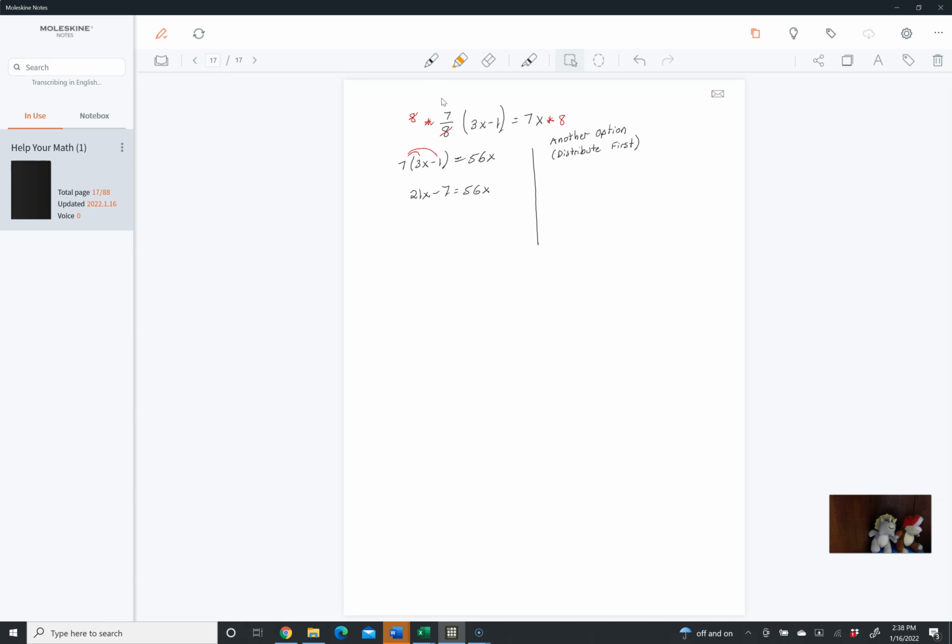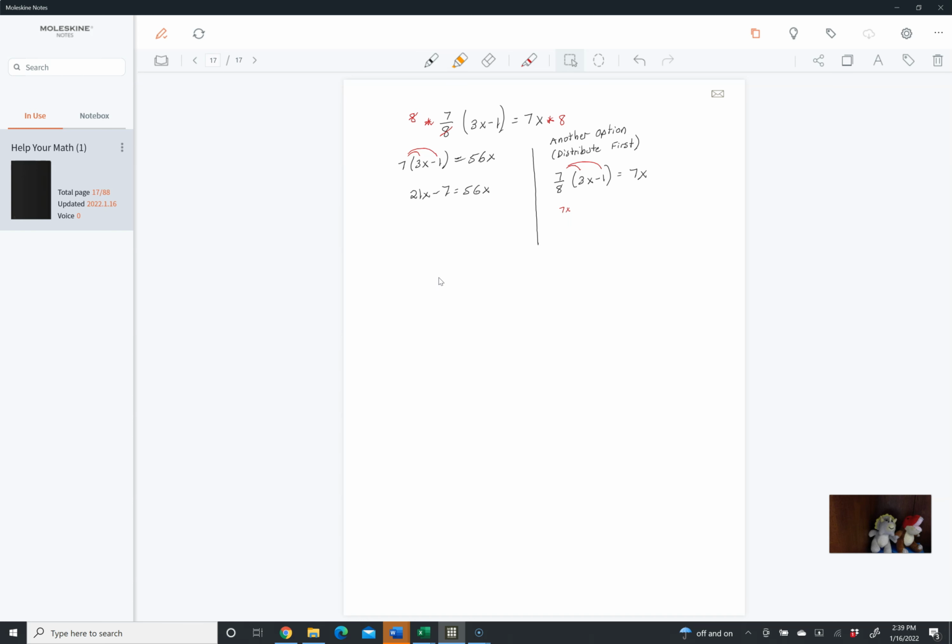Well, 7/8 times 3x is going to give us 21 over 8. So this 3, I'm going to just rewrite this. 7/8 times 3x minus 1 is equal to 7x. So our goal here is to multiply the 7/8 times the 3x minus 1 first.